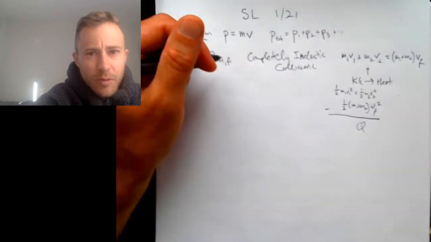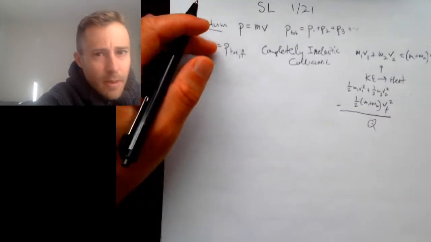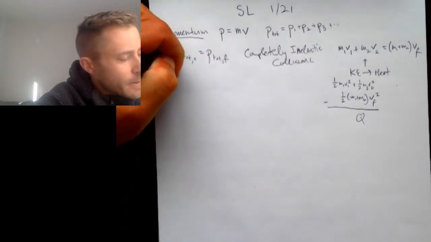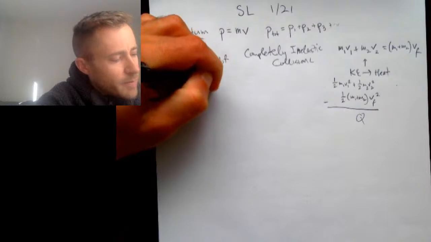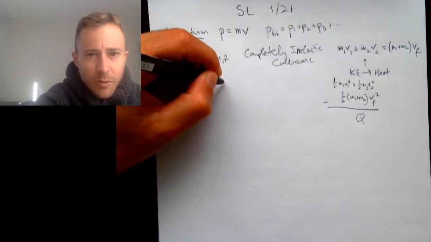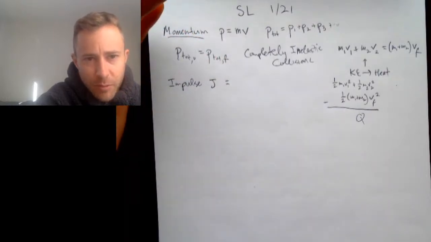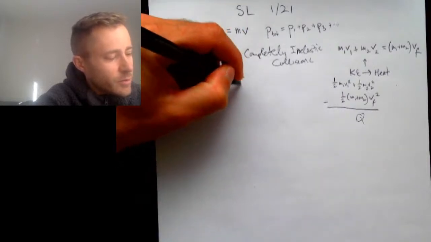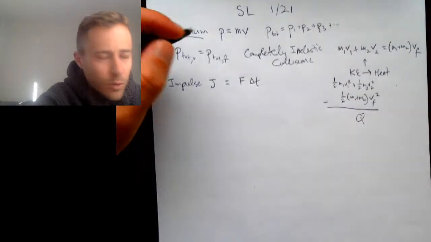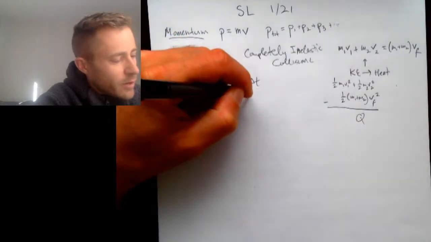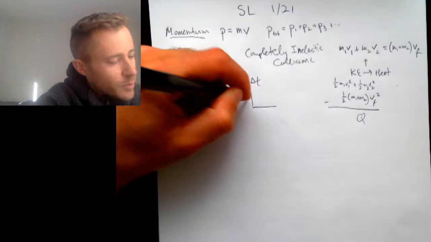We also talked about impulse. Impulse J, which is equal to, depending on the information that's given to you, it could be equal to force times time, or it could be equal to the area under the curve of a force-time graph.